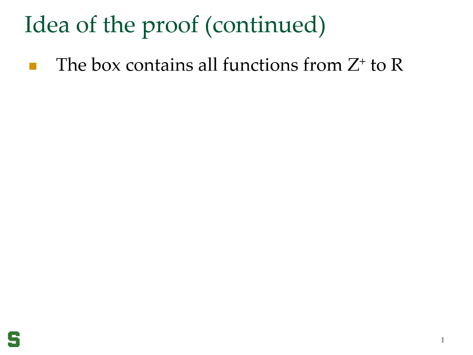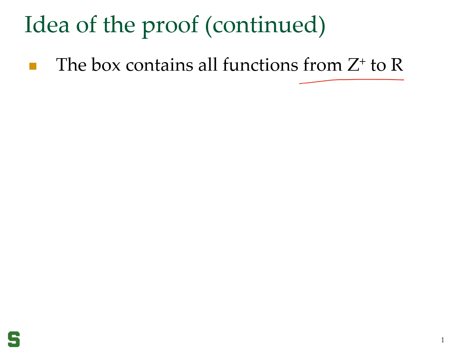And so in that case, the box could have contained some white papers with yellow dots, blue papers, yellow papers, whatever. Now, here we want to say that the box contains all functions from Z plus to R.